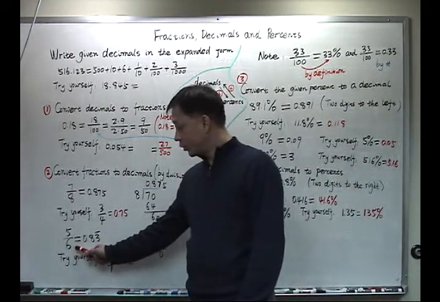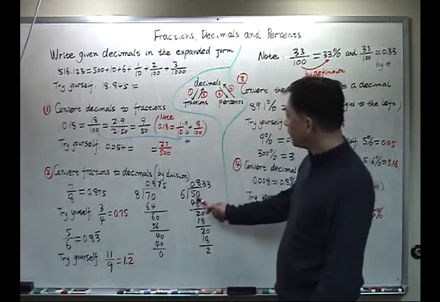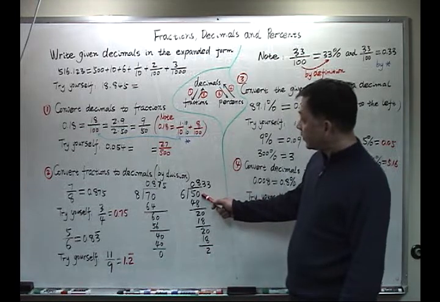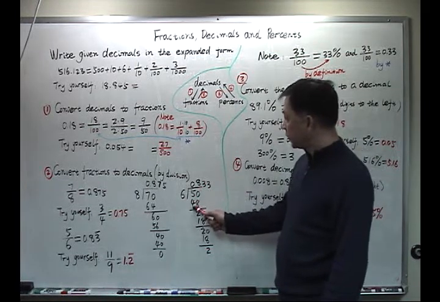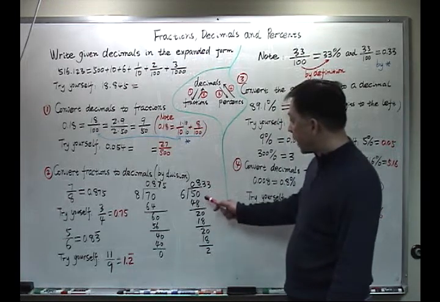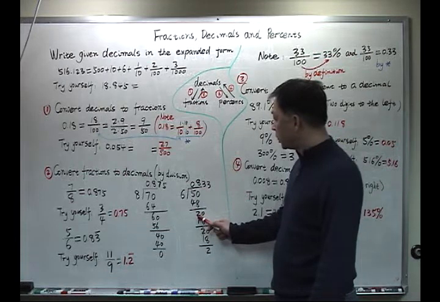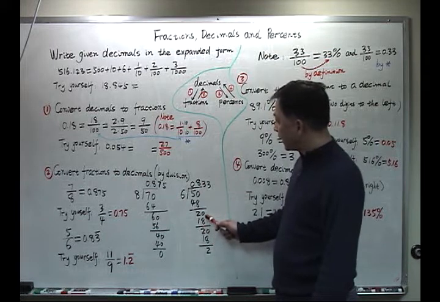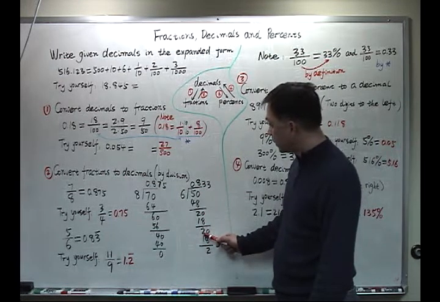5 over 6. You see, by division, 5 divided by 6, you add 0 to 5, so 6 times 8 is 48. Now 50 minus 48, you have a 2. Add 0 to 2, that's 20, so 3 times 6, you have 18. Then 20 minus 18, that's 2.